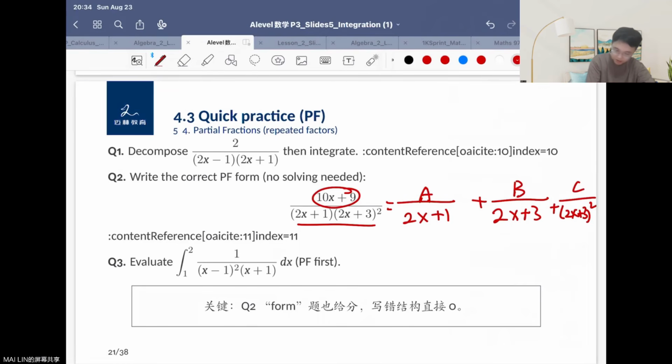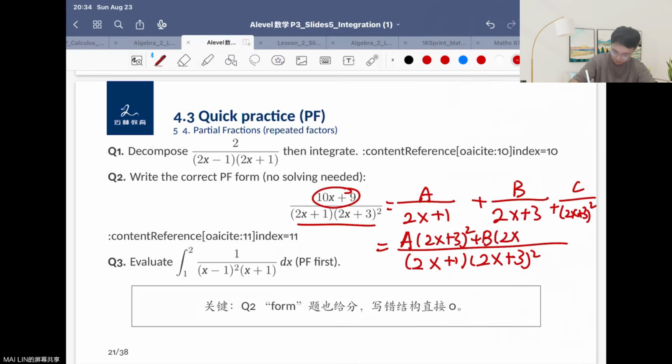Then we write this in partial fractions by multiplying through by (2x plus 1) times (2x plus 3) squared. That turns into A times (2x plus 3) squared, plus B times (2x plus 1) times (2x plus 3), plus C times (2x plus 1).